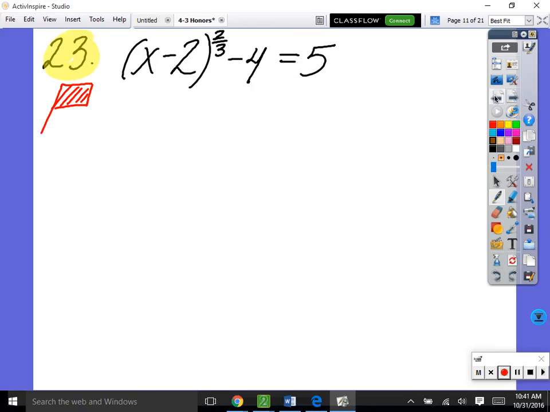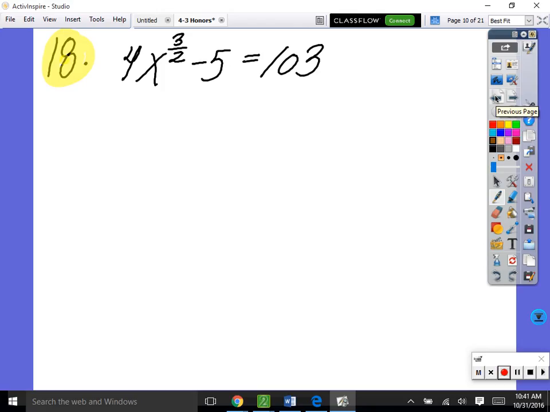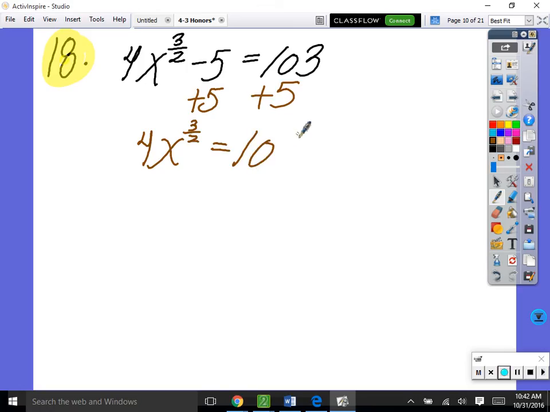Let's look at 18. You guys solve 18. Ready, set, go. Okay, that is correct. The first thing you did was add 5. So you have 4x raised to the 3/2 is equal to 108. Then you did what?